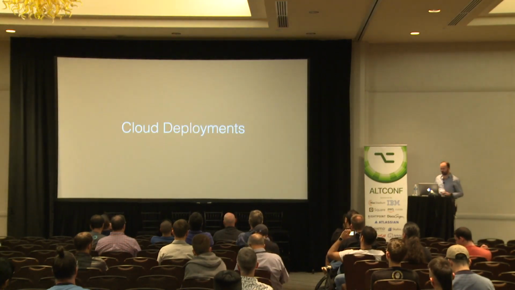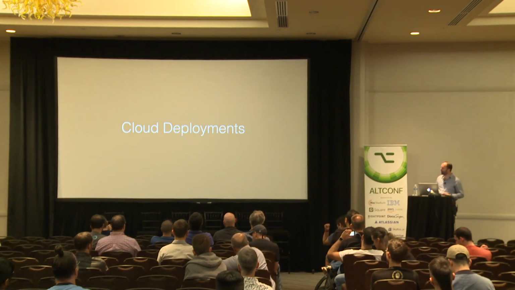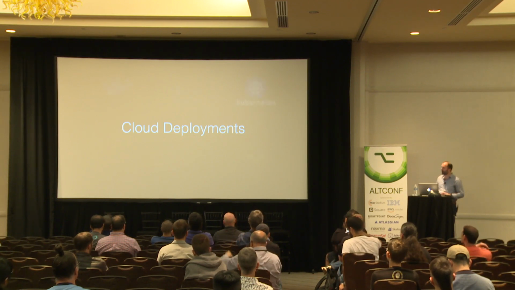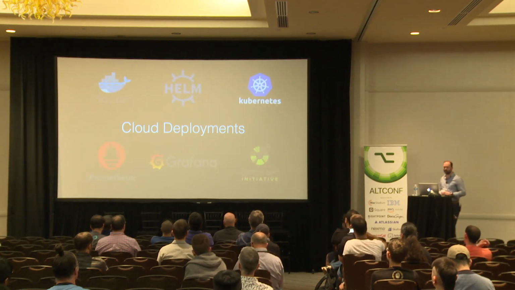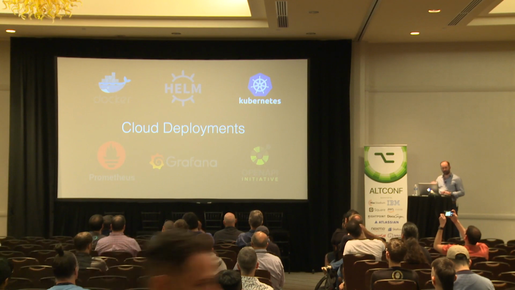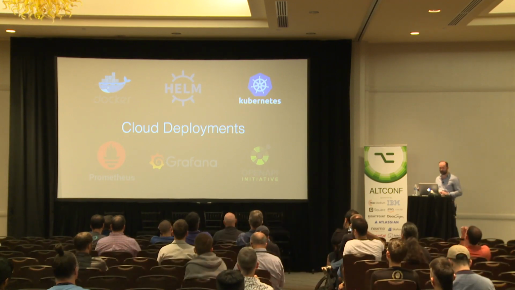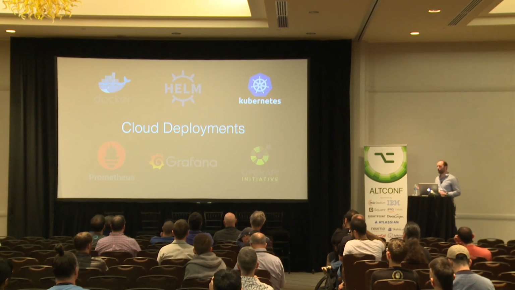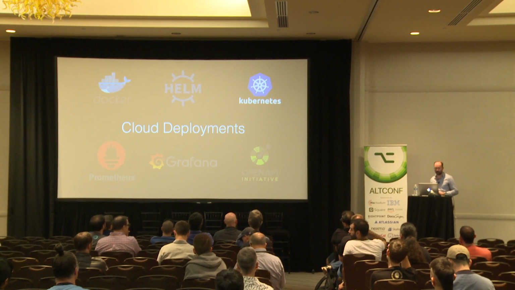So cloud deployments. Pretty much any app that you want to deploy really does need to go into a cloud so it's accessible. As I said, what we did with Kitura certainly is we built support for Docker to package, Helm, which lets you deploy to Kubernetes and Kubernetes itself, Prometheus for metrics and Grafana to visualize it, and OpenAPI support, so Swagger, if you've heard of it, is built in directly.